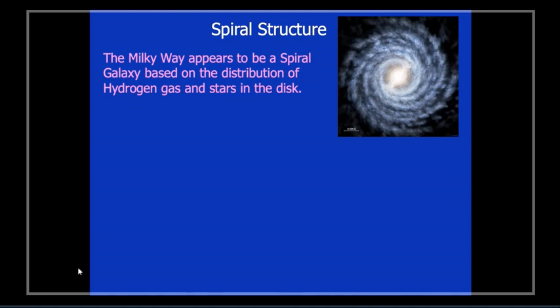And from those observations, we can see that a lot of the gas and stars are collected in these regions. It's not uniform. They appear to be in the form of spiral arms, which we see as a fairly common structure for galaxies throughout the universe.